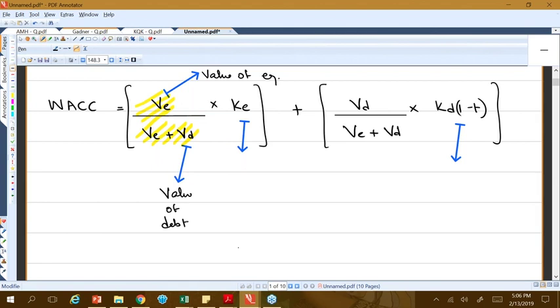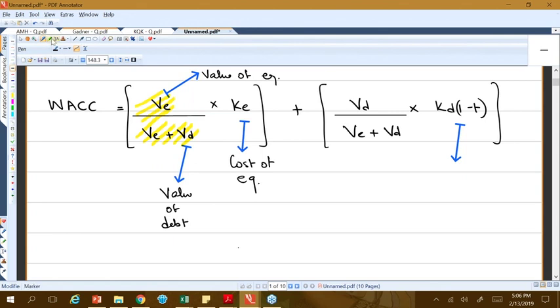Once I have the proportion of equity and I multiply it by the cost of equity, I get the cost of raising equity finance. So proportion of equity times cost of equity gives me the cost I will pay for raising equity finance.